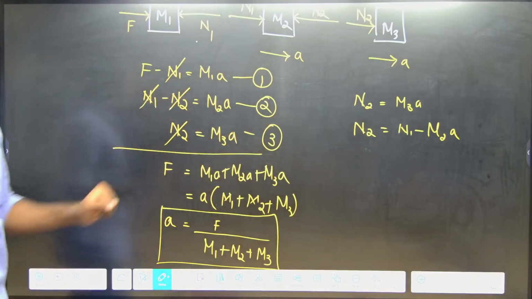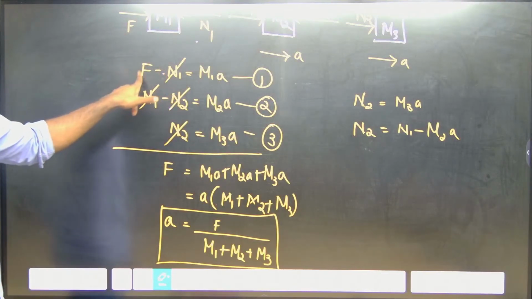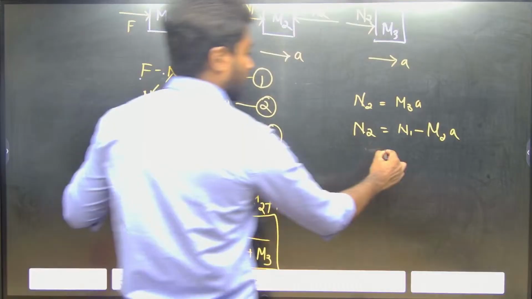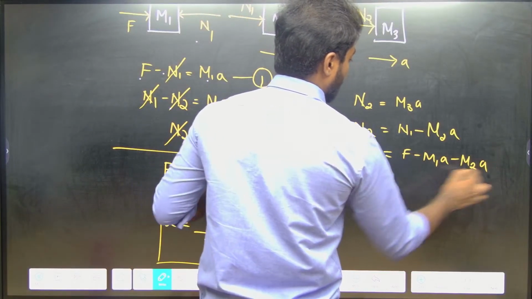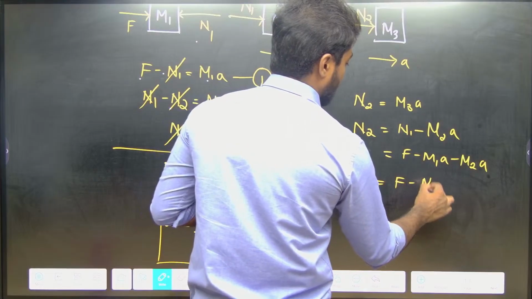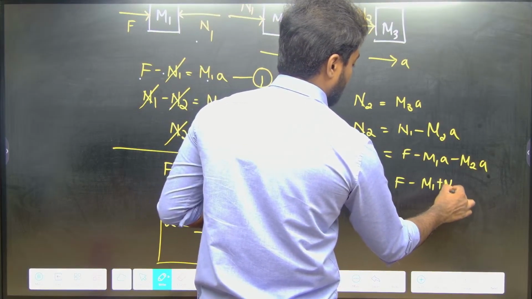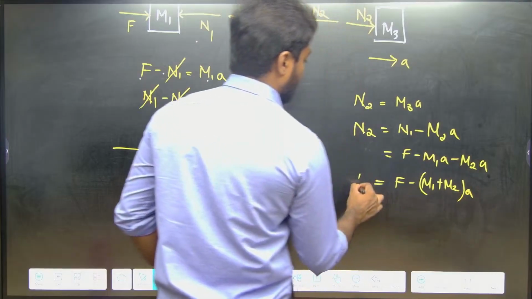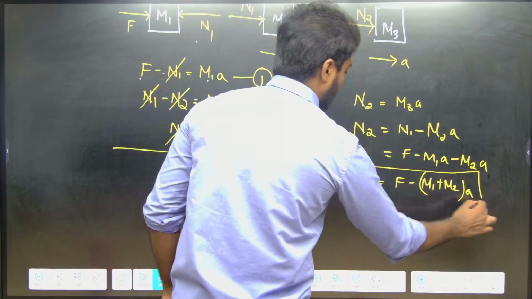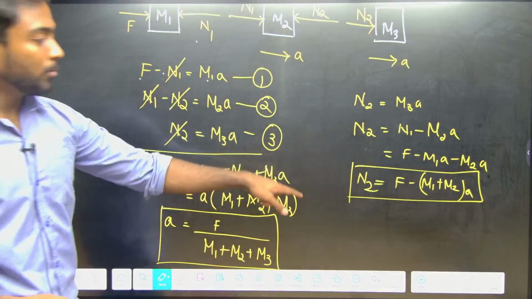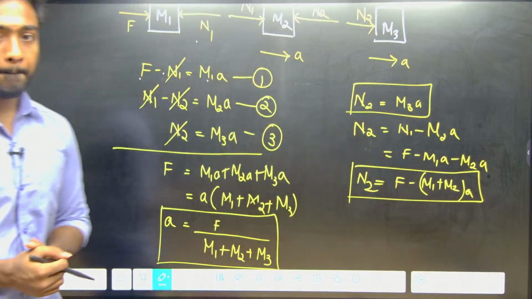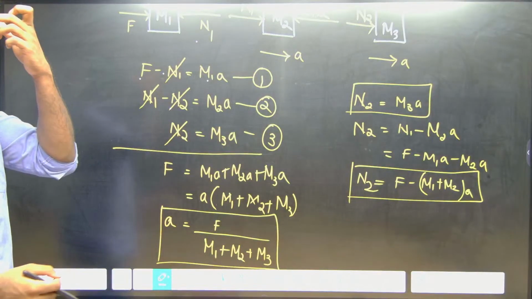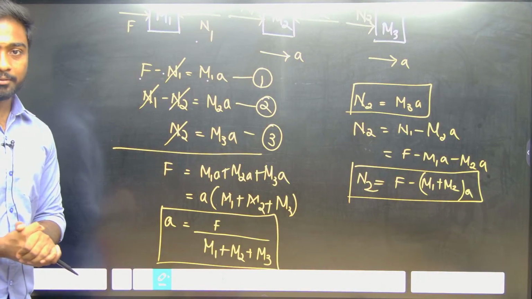What is N1? Again, N1 is nothing but F minus M1A. So F minus M1A minus M2A will be equal to F minus (M1 plus M2) times A. This is my N2 in terms of force and M1 and M2. This is in terms of M3 only. Got it? So we have solved the first question as well as the second question.